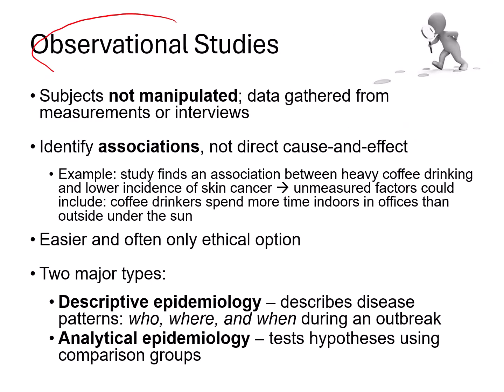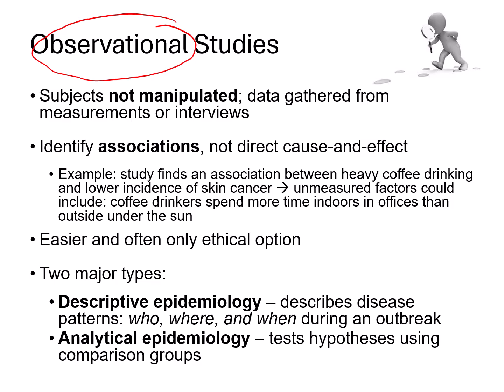In observational studies, researchers do not influence exposure. They just gather information through steps like interviews, looking at lab results, or conducting surveys. And these studies can identify associations, but not causation, because confounding variables might exist.